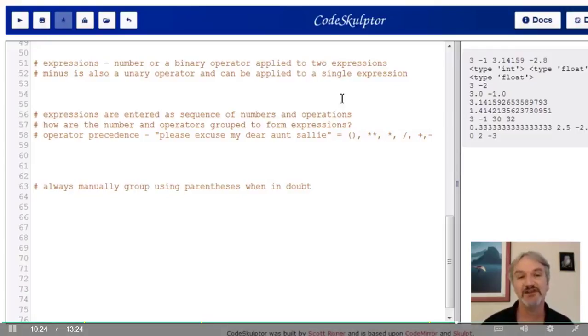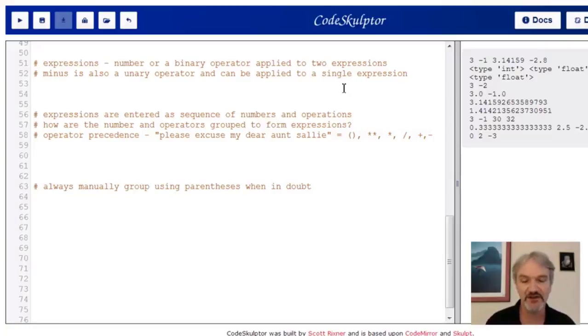Now in practice, you don't really need to understand that definition. You can just type in expressions that you're used to using from middle school algebra. So I could say 1 plus 2 times 3, or 4.0 minus 5.0 divided by 6.0, or 7 times 8 plus 9 times 10.